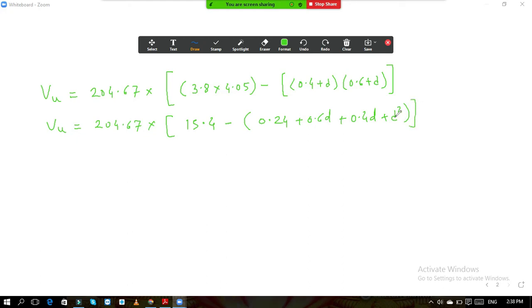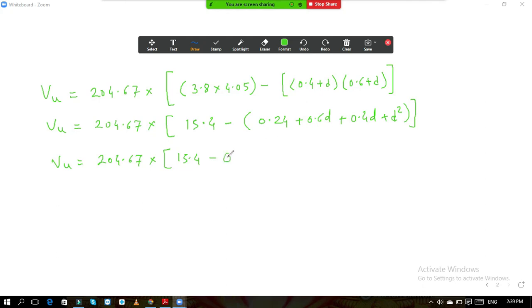Okay. Now outside this bracket negative sign is there. So VU is equal to 204.67 into, here it is 15.4 minus, now this will become, first 0.6D plus 0.4D, it is only D, if you add these two.